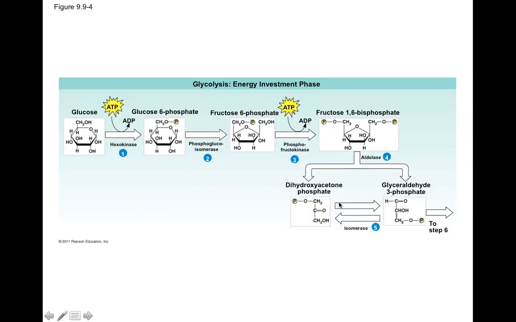And then this is where the breaking occurs, through an enzyme called aldolase, and we get glyceraldehyde 3-phosphate and DHAP, which is dihydroxyacetone phosphate. So we get two 3-carbon molecules with a phosphate group on them. And these two molecules can be converted back and forth to each other with an enzyme that's just called isomerase.